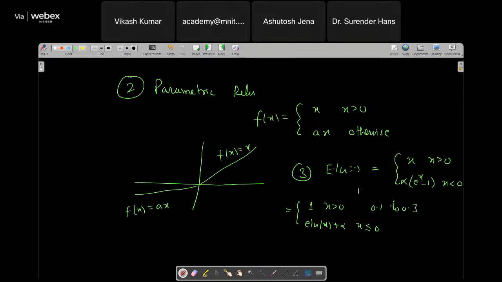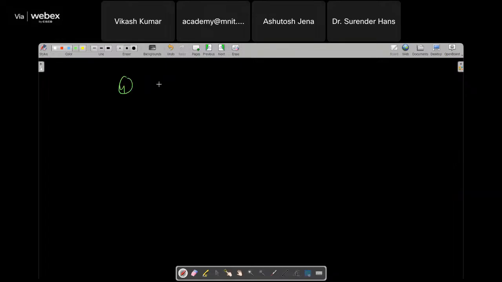So now the fourth one is SELU, the scaled exponential linear unit. It is lambda times x for x greater than 0, and lambda times alpha e to the power x minus alpha for x less than or equal to 0. Here alpha and lambda are fixed parameters, not trainable parameters.